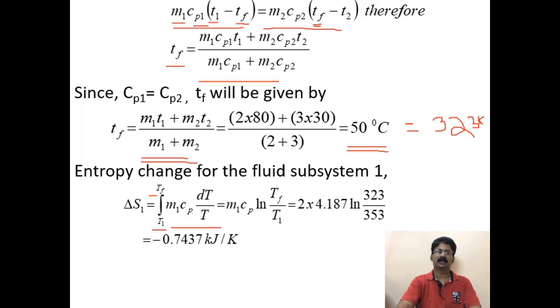Integration of 1 by T is ln T, and applying limits, ln Tf by T1. So 2 kg, Cp is 4.187 for water. Tf is what I told you to convert into Kelvin, so this is where it is used now. 323 divided by initial temperature 353. So the numerator is less, the denominator is more, so it will be a negative quantity, no doubt about that.